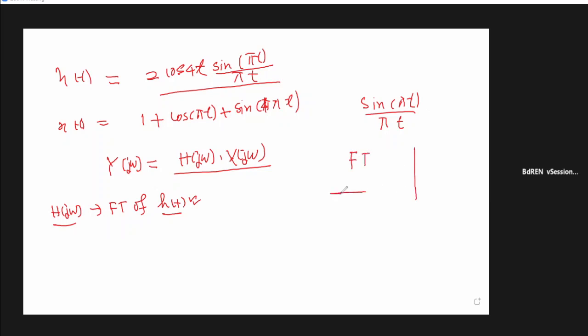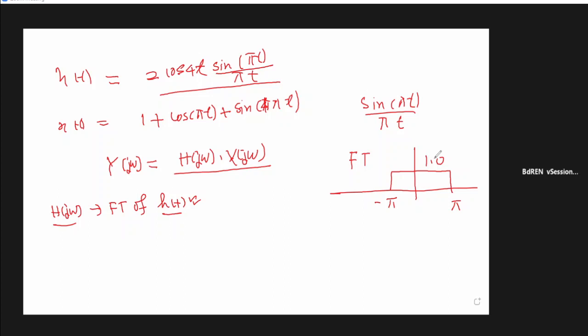Is it not a square pulse, something like this, from minus pi to pi with amplitude equal to 1? Yes, sir. Okay, that you have to remember. So this thing will be equal to this.